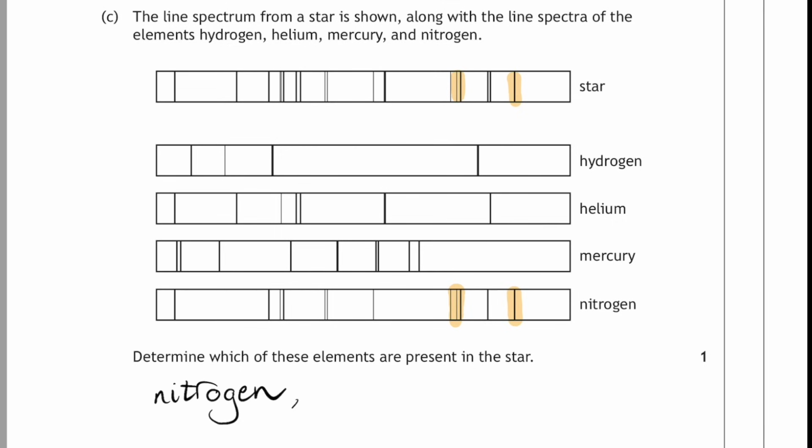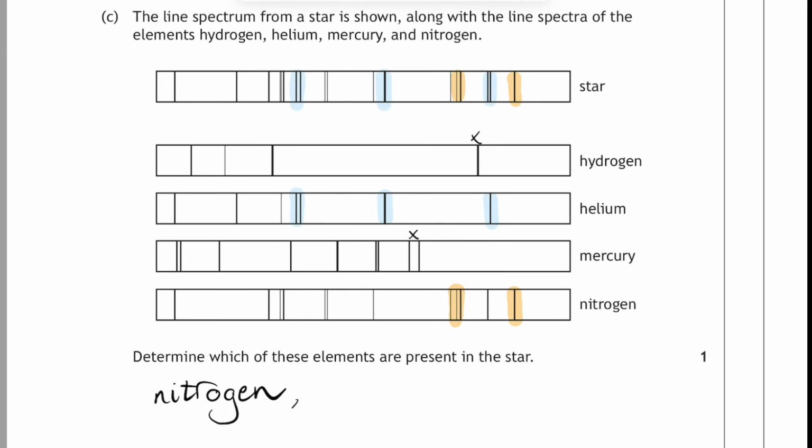So nitrogen's present, and so is, let's try helium as well. That line is in the star spectrum, so is that one there, and if we work our way along, all of them are present in the star spectrum. But if we look at hydrogen and mercury, then they are not present in the star's spectrum.